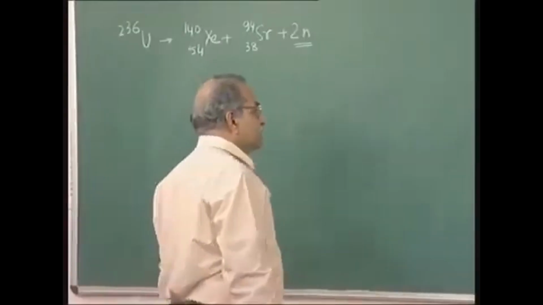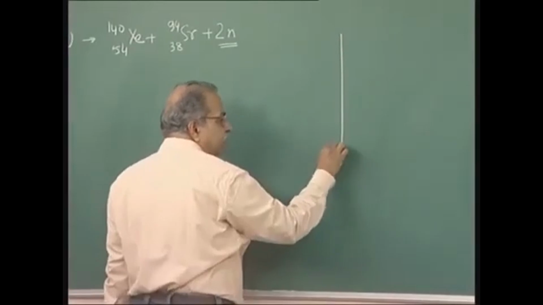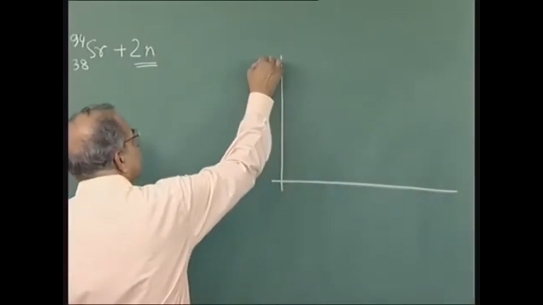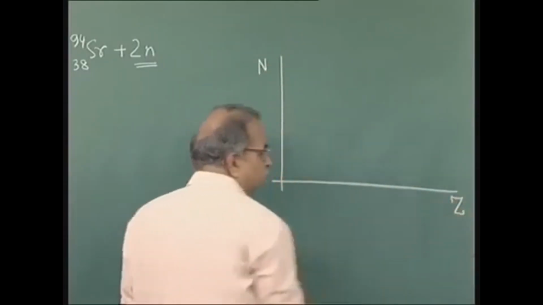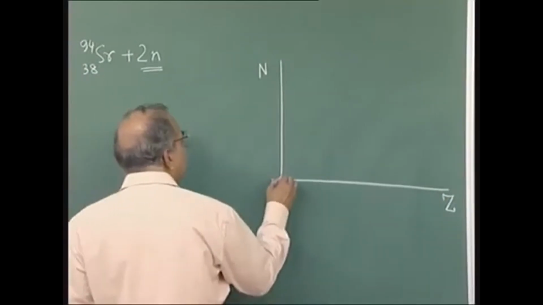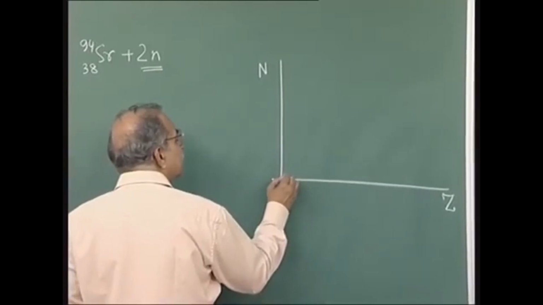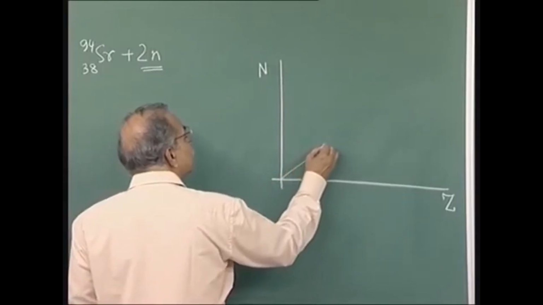So, what are these? If you look at N versus Z for the beta stable particle distribution, with N on this side and Z on this side, for beta stable nuclei, remember that initially for light nuclei N is equal to Z, but then as the number increases, the number of neutrons goes up.